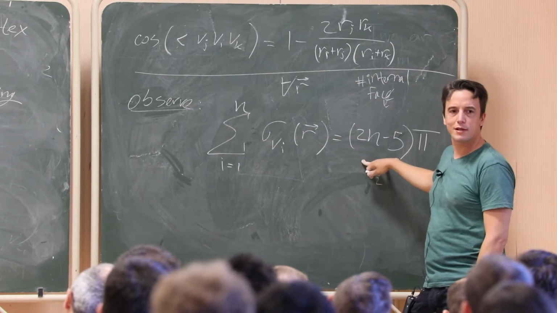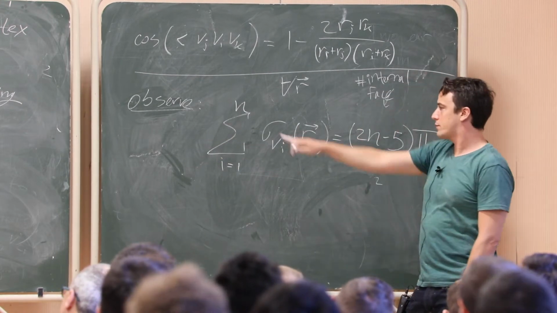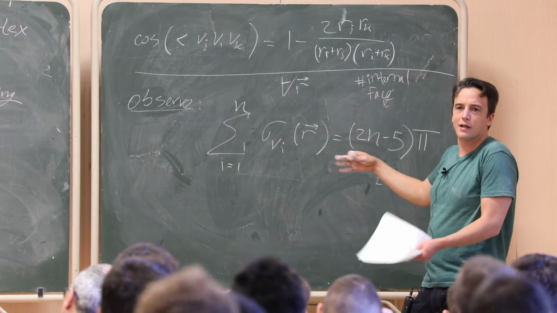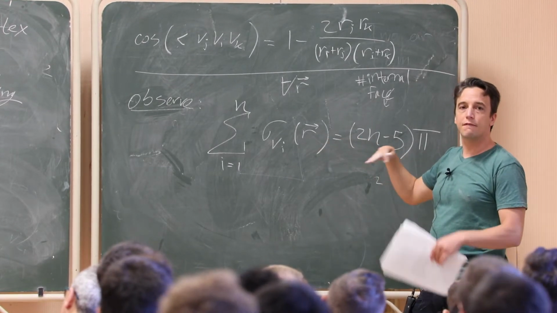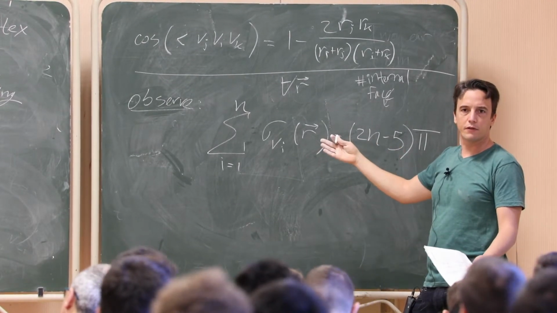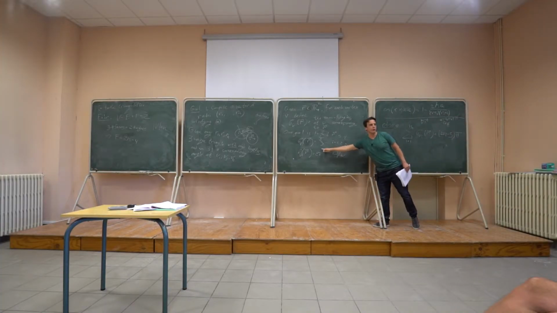This sum is always this, and I hope to make these closer to this. So instead of the sum of angles at each vertex, let's define the defect of a vertex. By the defect, I mean how far it is from what it's supposed to be.